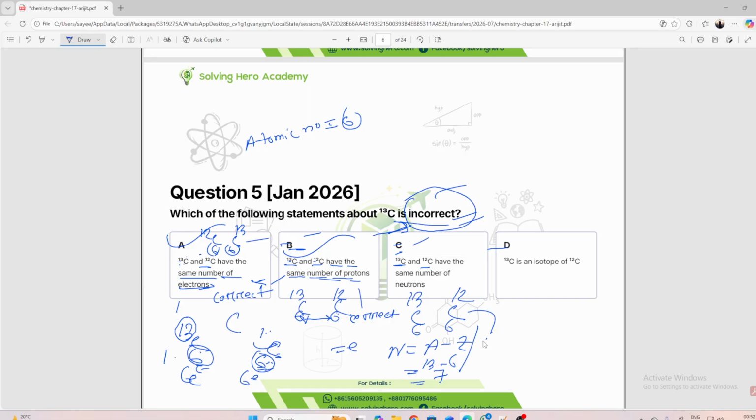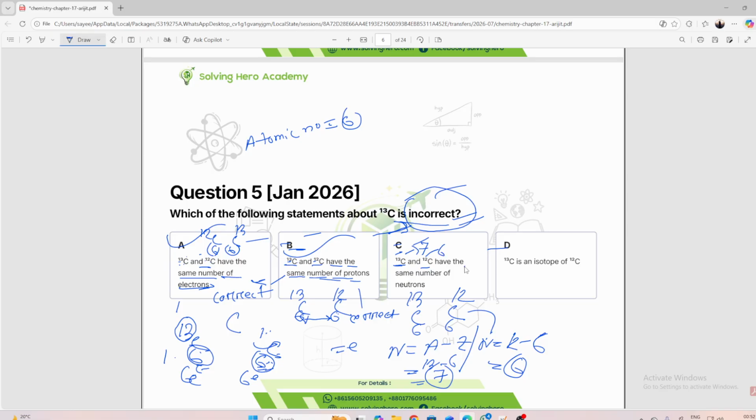And carbon-12 has neutron number 12 minus 6, that means 6. So carbon-13 has 7 neutrons, and carbon-12 has 6 neutrons.